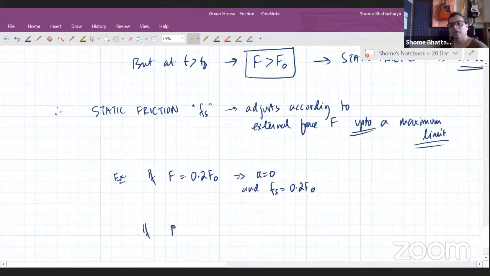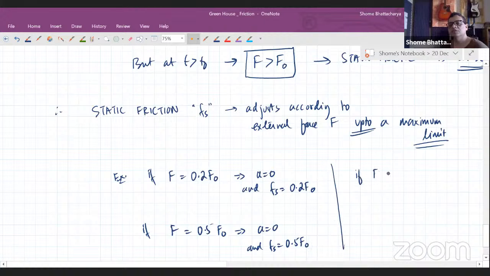If F is increased to 0.5 F naught, then again acceleration is 0 and static friction is equal to 0.5 F naught. Okay. If F is increased to 0.98 F naught, very close to F naught, even then acceleration will be 0 and static friction is equal to 0.98 F naught.